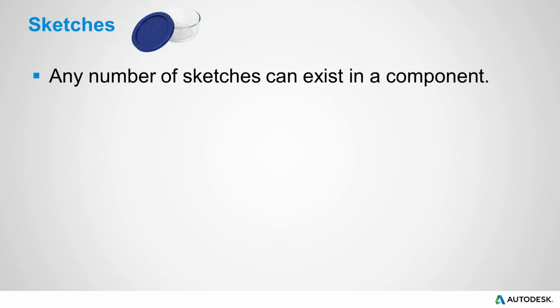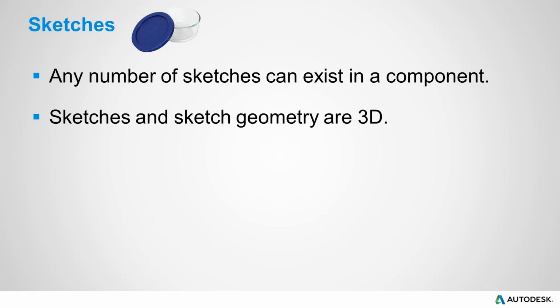All right, so sketches are another container, and obviously you can create any number of sketches, and they exist in a component. So they're another container that sits inside the component container. And sketches and sketch geometry are all three-dimensional.